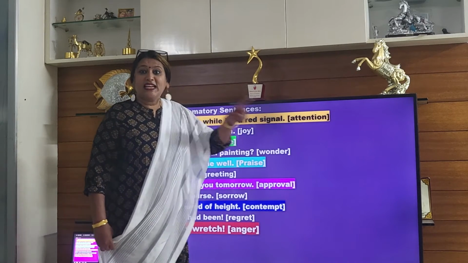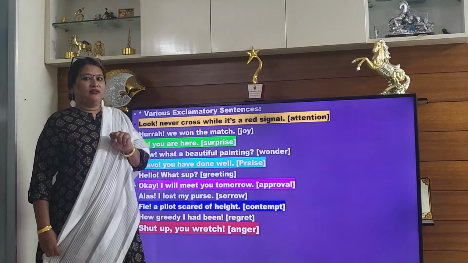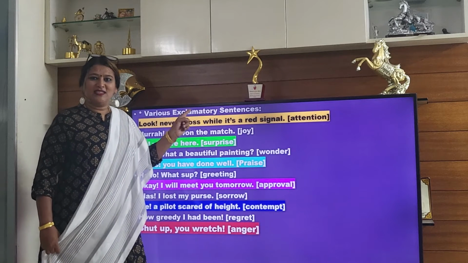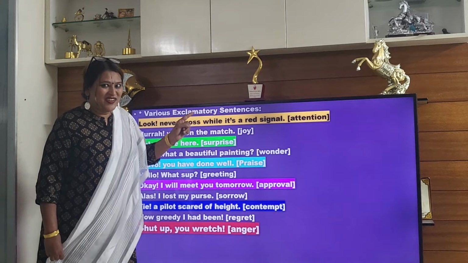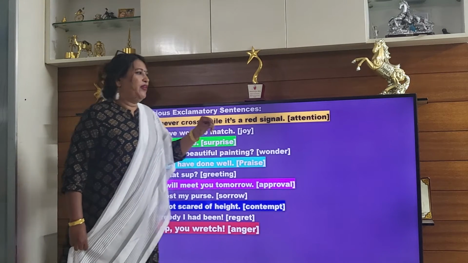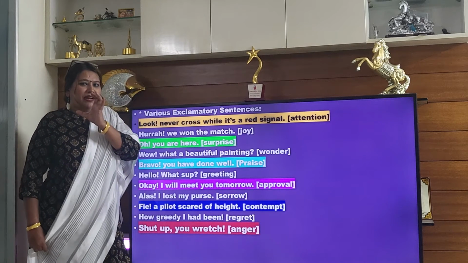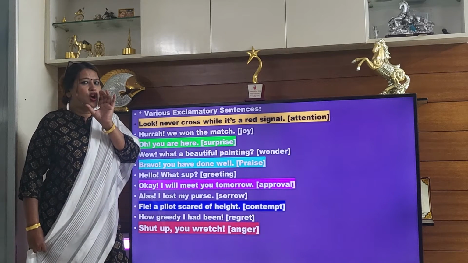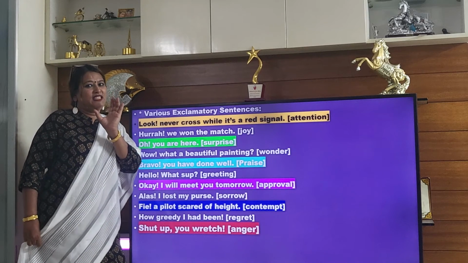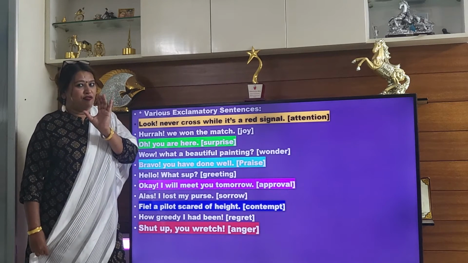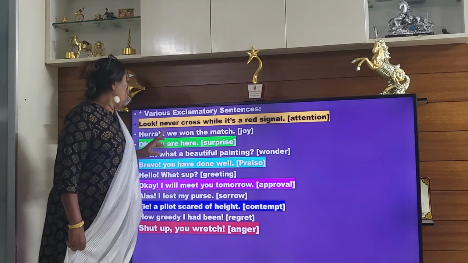That's an attention. If your mom says that, that's advice. When there's an announcement, do not cross the road, wait for the red signal to be off. That's an attention.